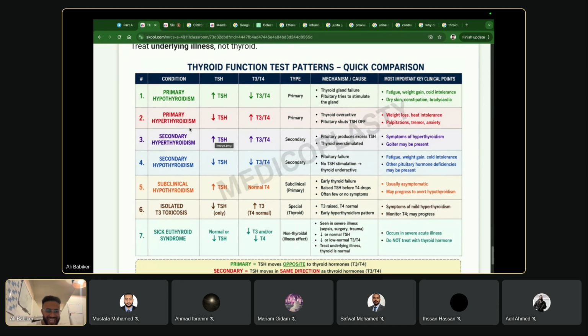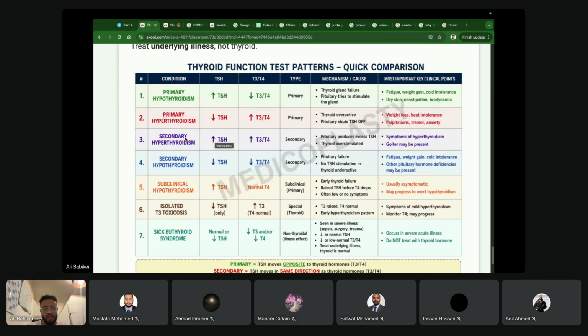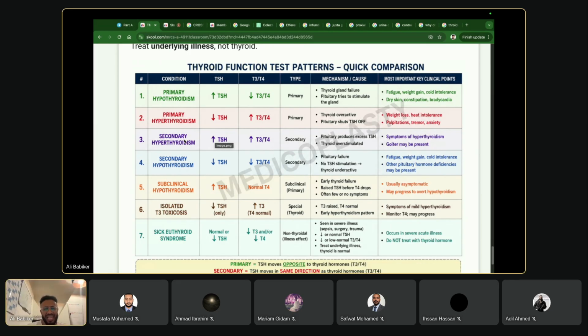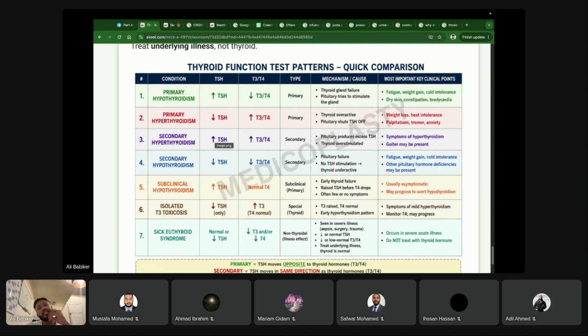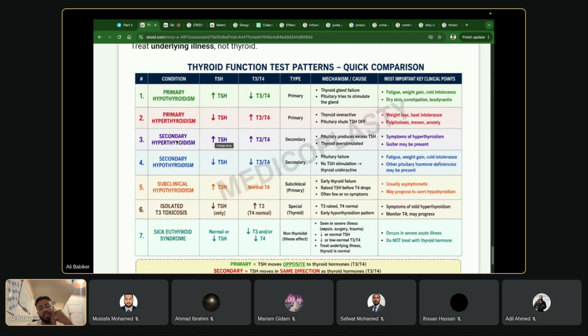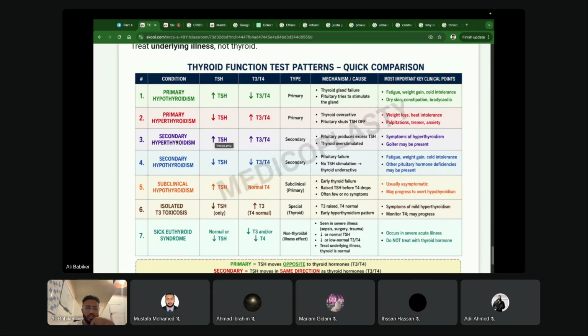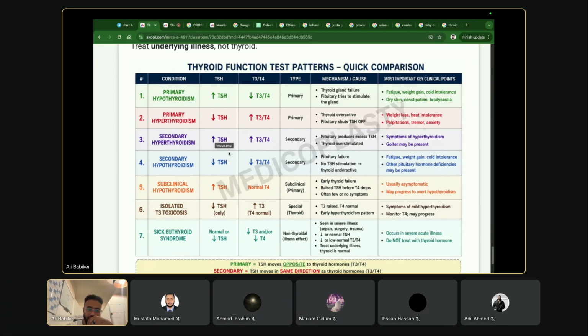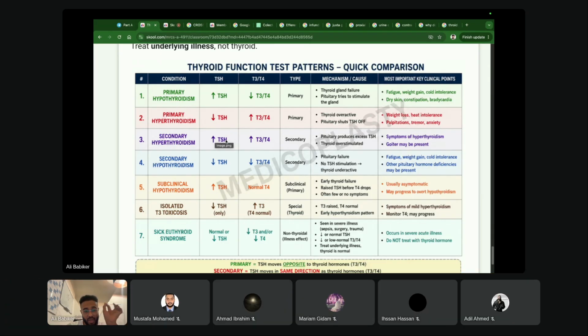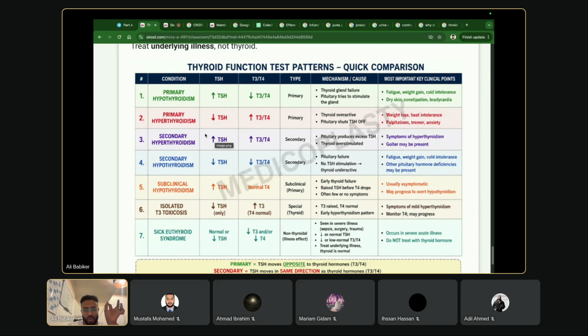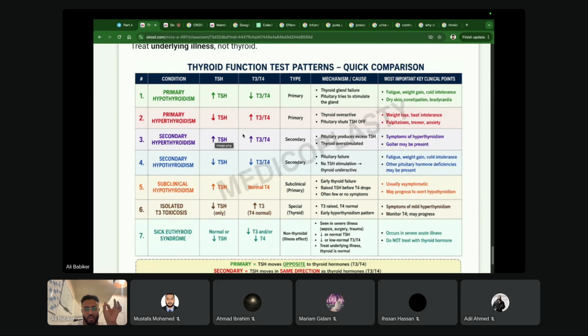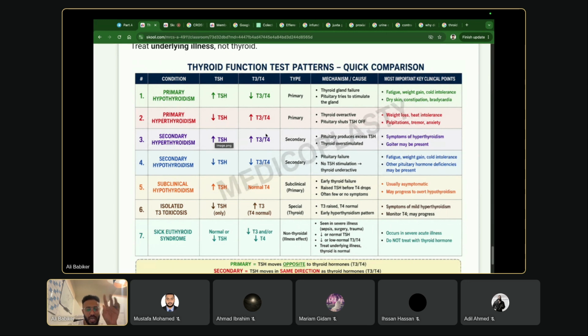All right. Secondary hyperthyroidism, we mean the issue is in the pituitary. So the pituitary produces a lot of TSH. And because the pituitary is producing a lot of TSH, this will also activate the thyroid gland, and you will have a lot of T3 and T4.